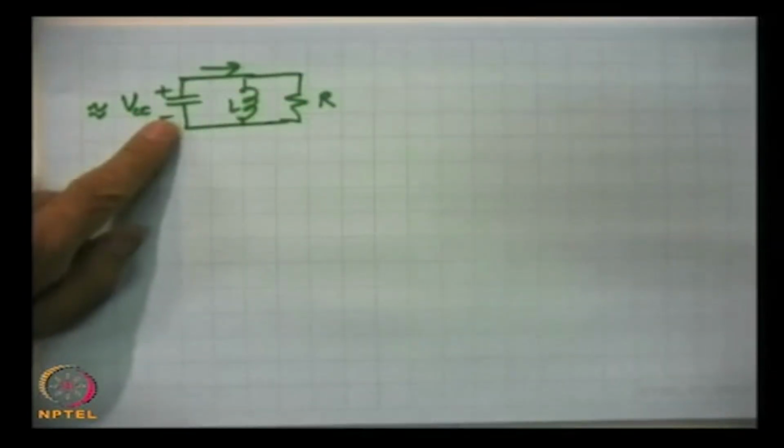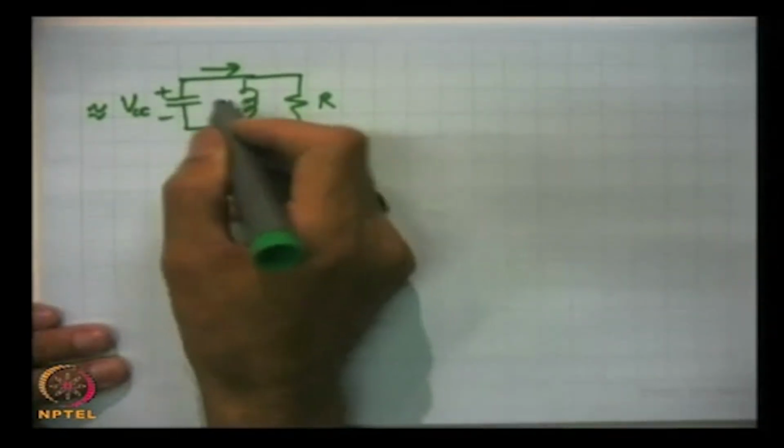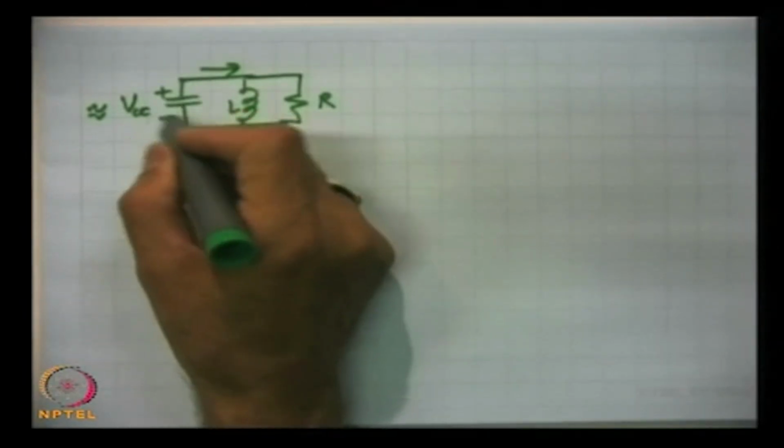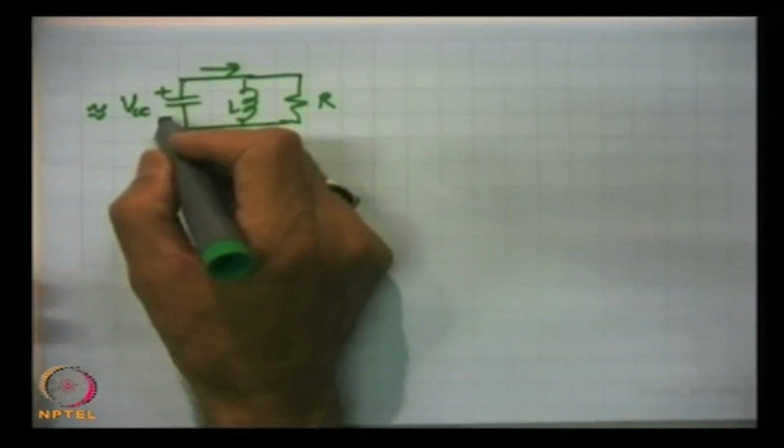In this movement, the electrostatic energy of the capacitor is transformed into the magnetic energy in the coil, and so the current will start discharging till the voltage gets to 0.